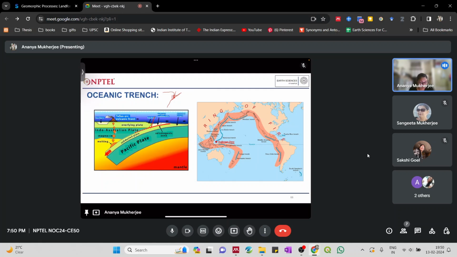And then you can see all the different trenches that are there. Okay, so Challenger Deep, Mariana Trench is over here, all due to the fact that the Pacific plate is converging with either oceanic plates or the continental plates, and they are forming the trenches.